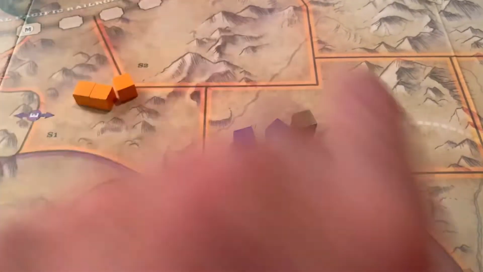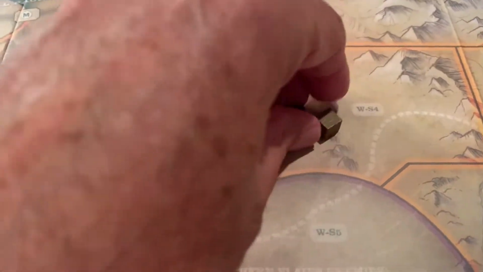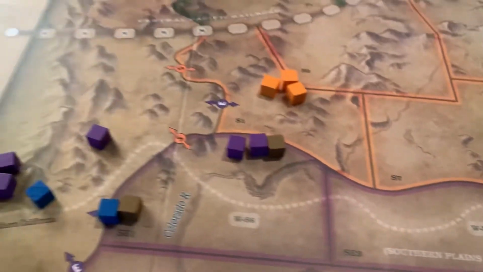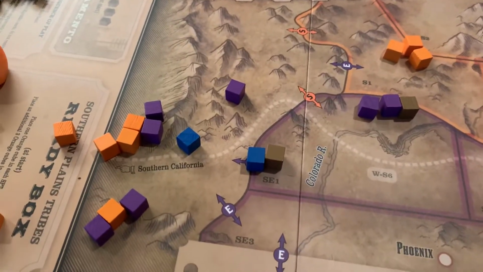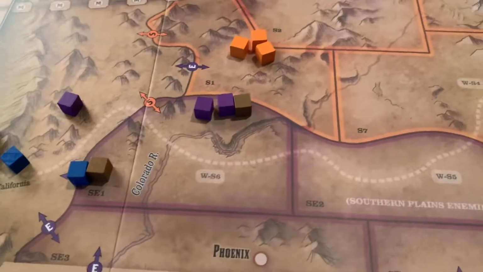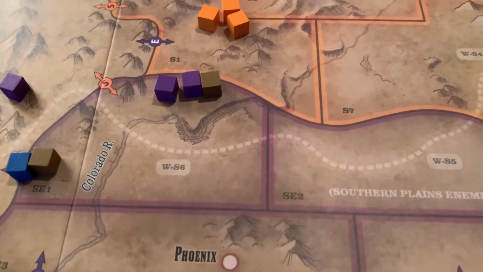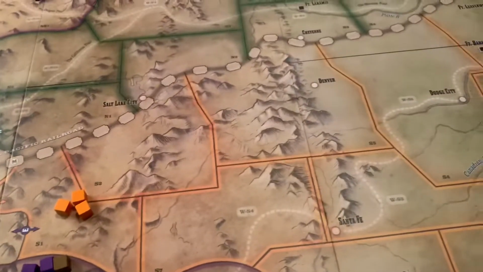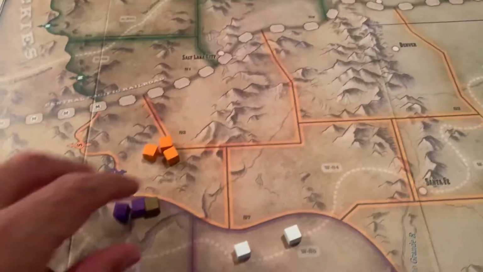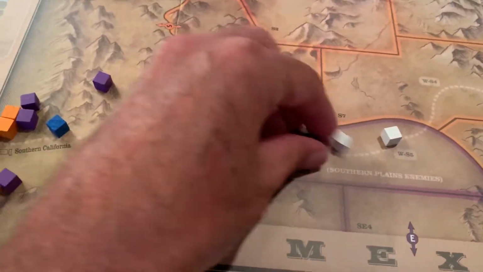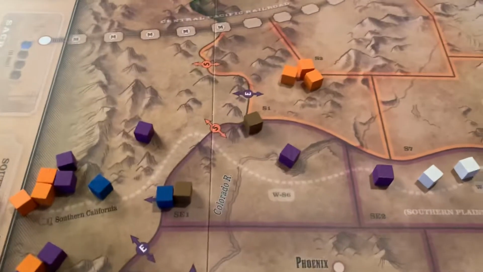So study the rules on that, little nuances with purple and settlers. All right, the other thing is there can be no purple attacks against white wagons. These guys are on the same side. They're not going to attack them, so they can coexist.